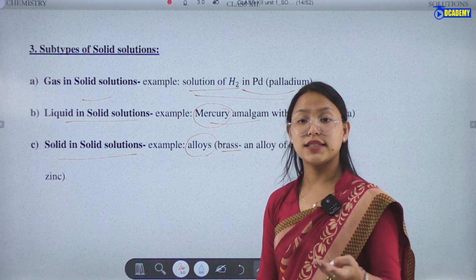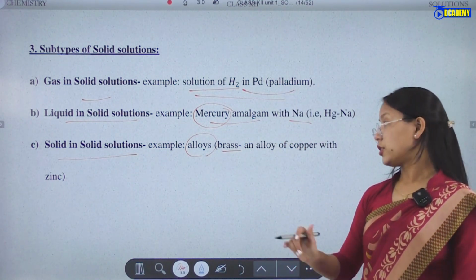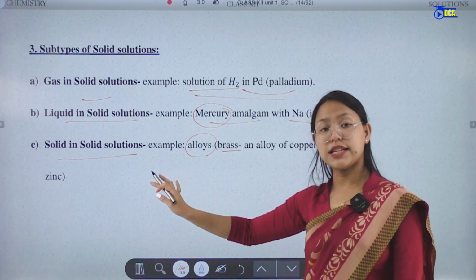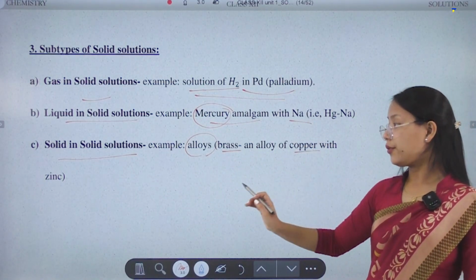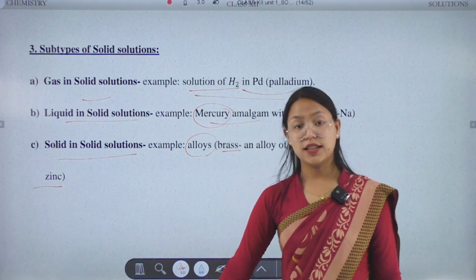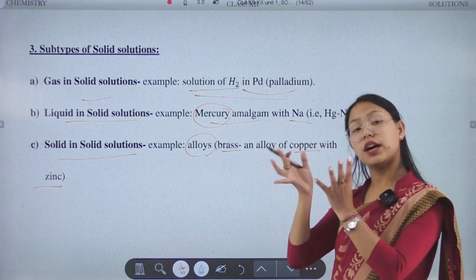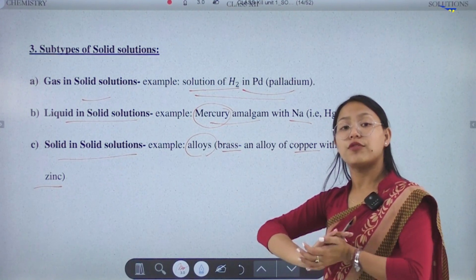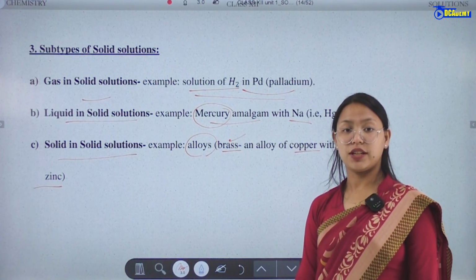Brass is copper and zinc. Copper with zinc, when mixed together as a solid solution, they will form an alloy named as brass.